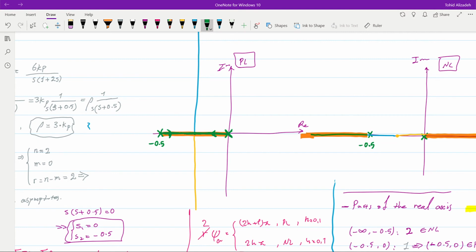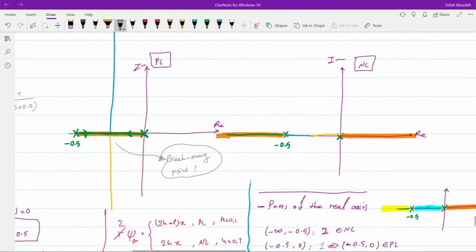At some point they will meet, and then they will depart the real axis. So we need to find out a breakaway point over here. Breakaway point is needed. We should find out the exact location for that.